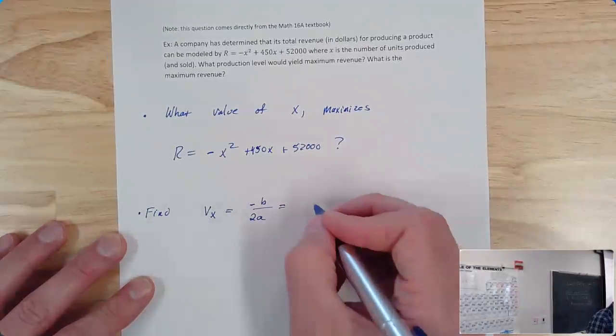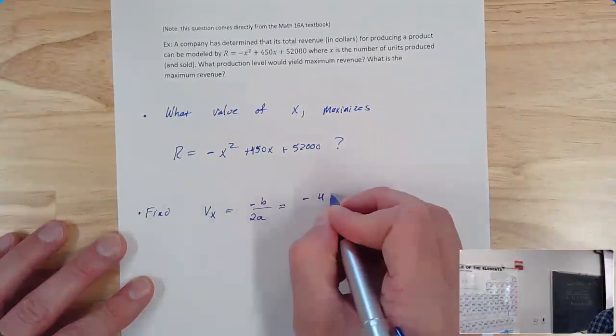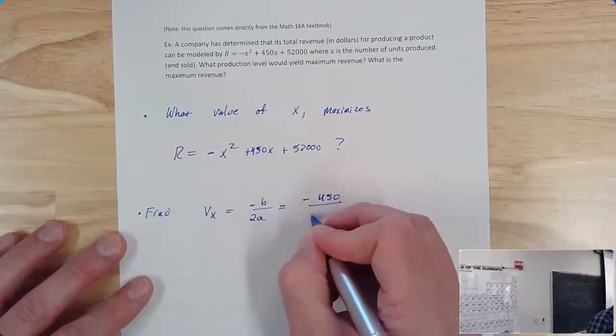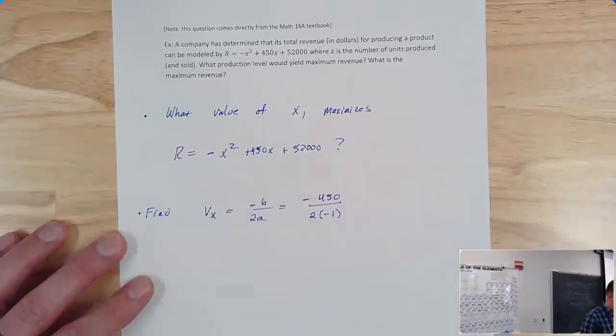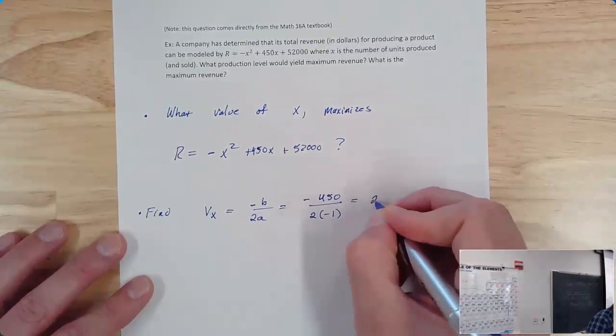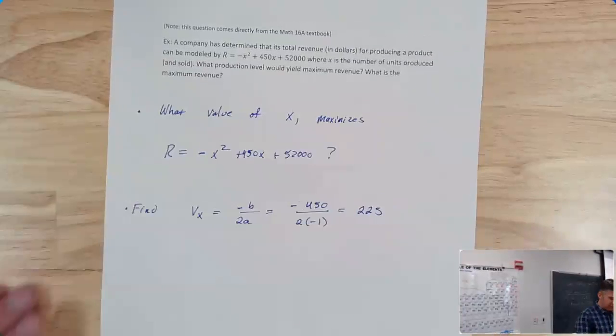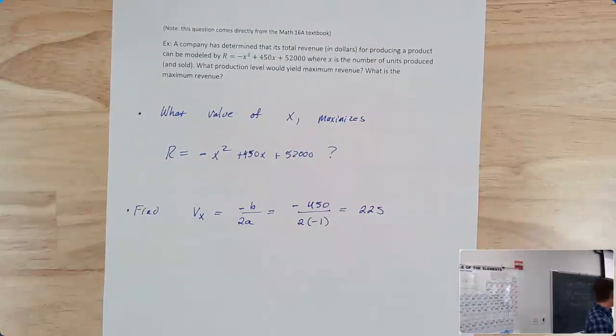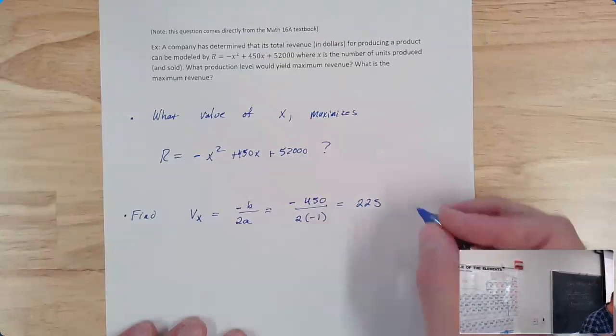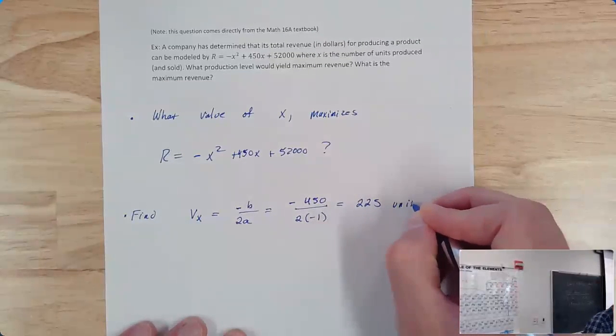In this particular case, that's negative 450 over 2 times -1, which ends up being 225. Units, I guess, right? x is the number of units produced. So a value of 225 units.